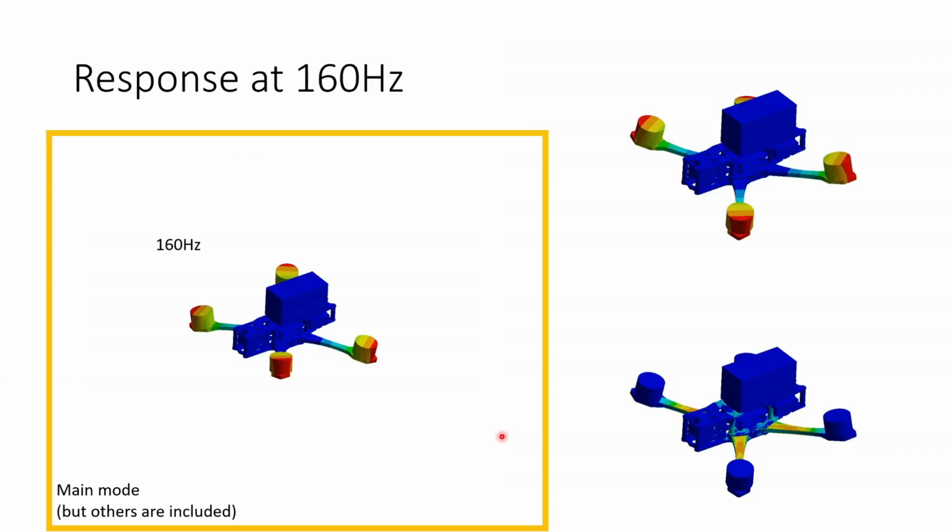So one of the really great things about doing this frame resonance analysis in finite element space, in simulation space, is that we can actually visualize how the quad is moving in the air. And that's what we're going to look at now. So at 160 Hertz, this is the primary resonant mode that is active. You can see we've got opposite motors bending up and then bending down.